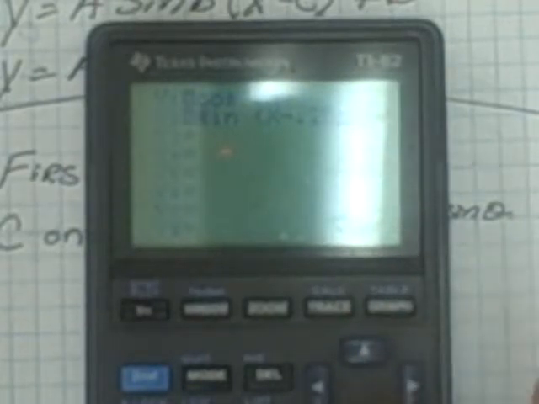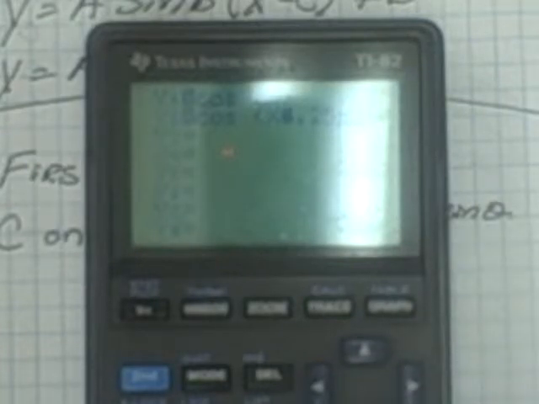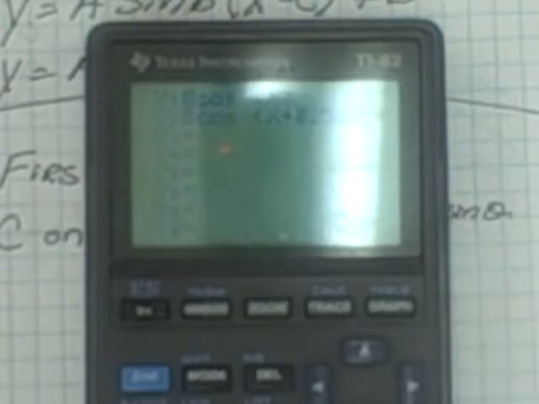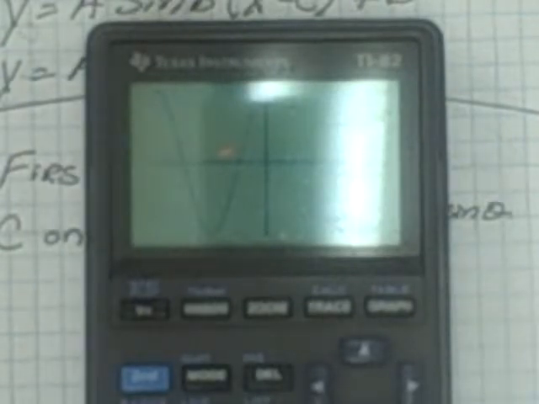And let's change this one here to cos bracket x plus 0.25 pi radians. Okay, so let's do that. And we'll hit enter for our graph, sorry. There's my regular cos graph. And here is the cos graph. And as you can see, it's shifted back.